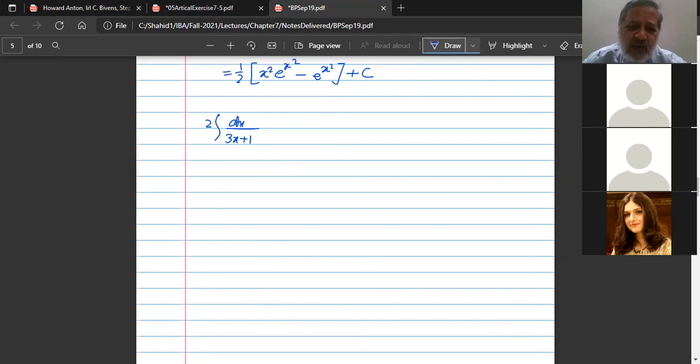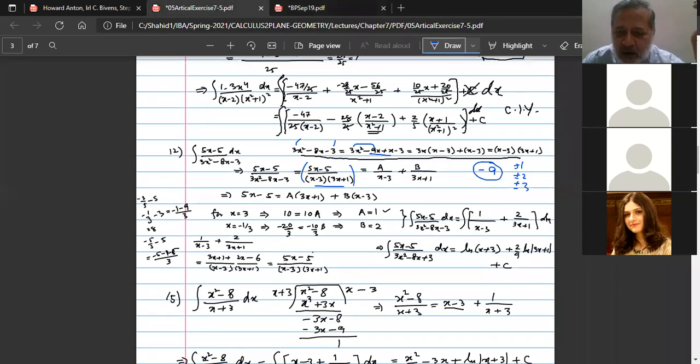Now, by now you should be familiar with the idea that the derivative of 3x is 3, which should be here. Then the derivative of the denominator is on top, so that goes into 2/3 ln of 3x + 1. This 2/9 is written.